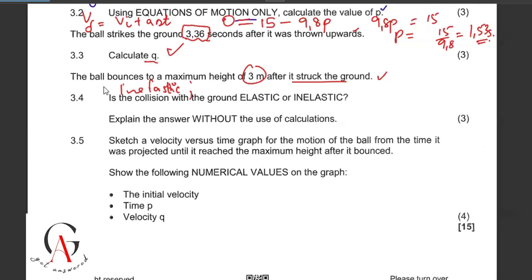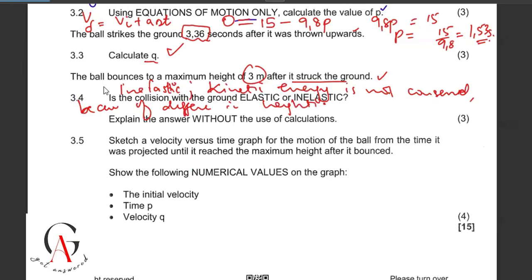Number one, we can say that the kinetic energy is not conserved, because of the difference in the heights reached. Alternatively, we can say that there was loss of energy, and then conclude by saying that EK is not conserved, and therefore it's inelastic.